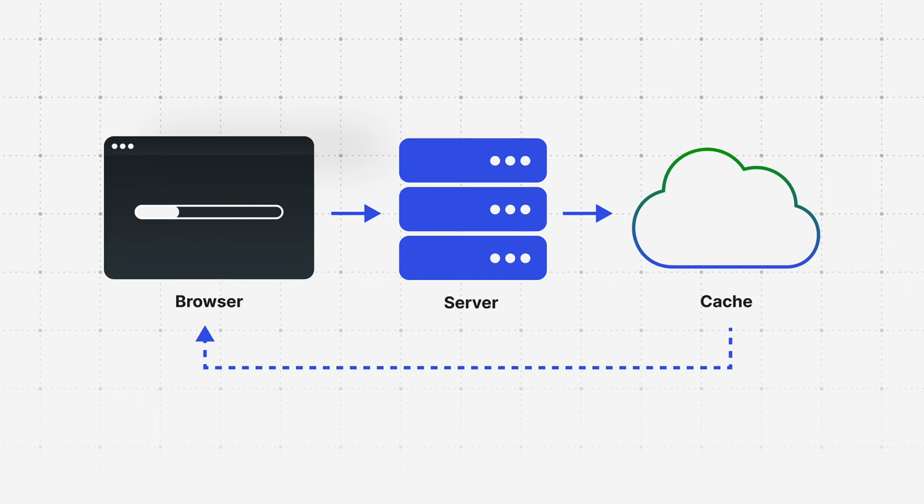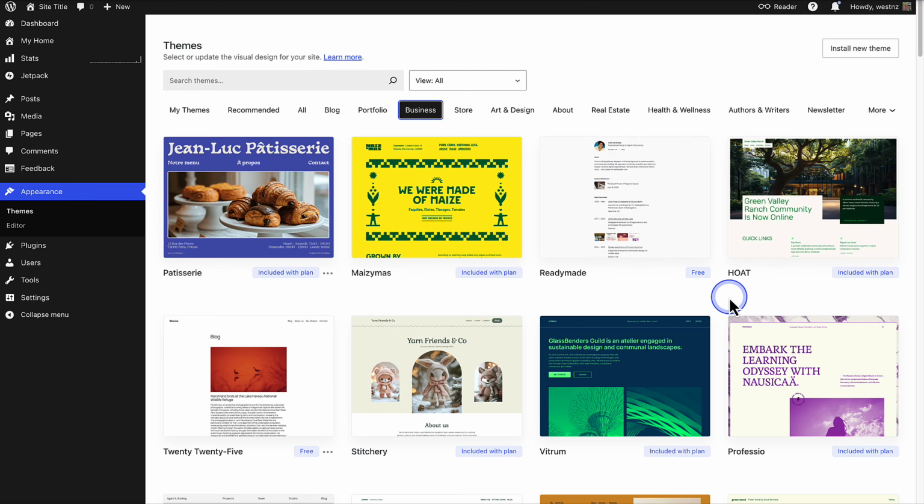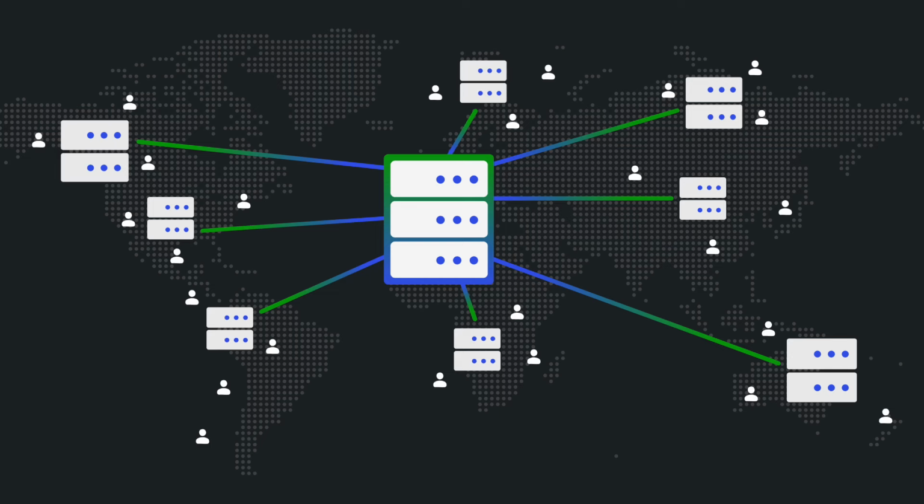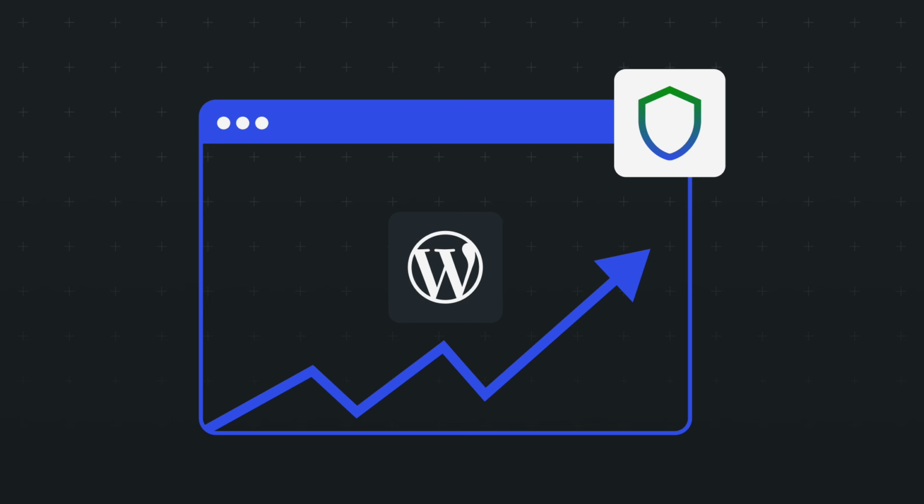We implement smart caching, meaning we save parts of your site to help pages load faster. Our themes are designed to be speedy and efficient. A built-in CDN stores your site's content on servers worldwide, so visitors load your site faster no matter where they are. And if your site gets a lot of traffic, we automatically scale up so it doesn't slow down or crash.